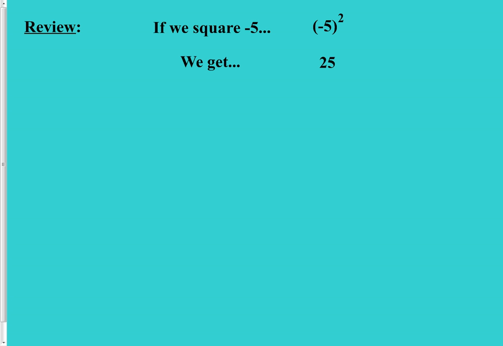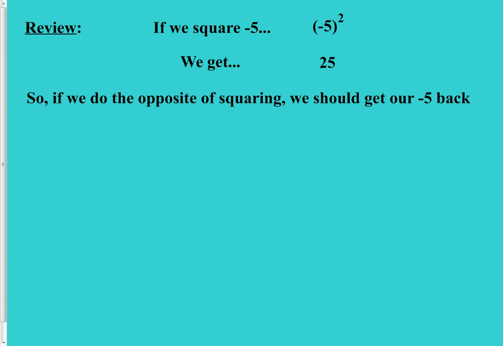But we know for every operation in mathematics, there should be an equal opposite operation that can undo something and bring back what you had to start with. So if we took negative 5 and squared it and got 25, there ought to be some operation that we can do to 25 that will get our negative 5 back. So let's take a look. If we do the opposite of squaring, which is a square root, we should get our negative 5 back.